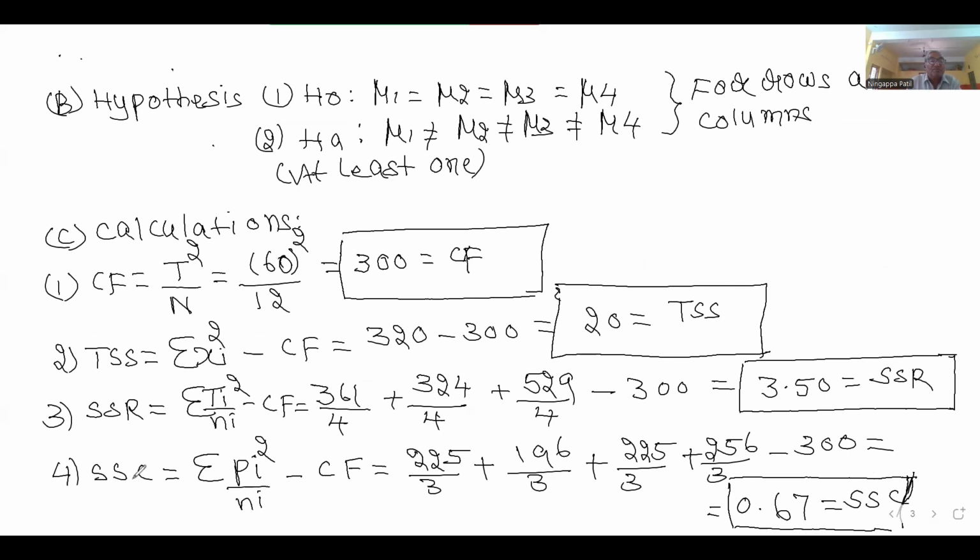Then the summation for columns. It is SSC equal to summation of Pi square divided by Ni minus CF. My dear students, please look here.